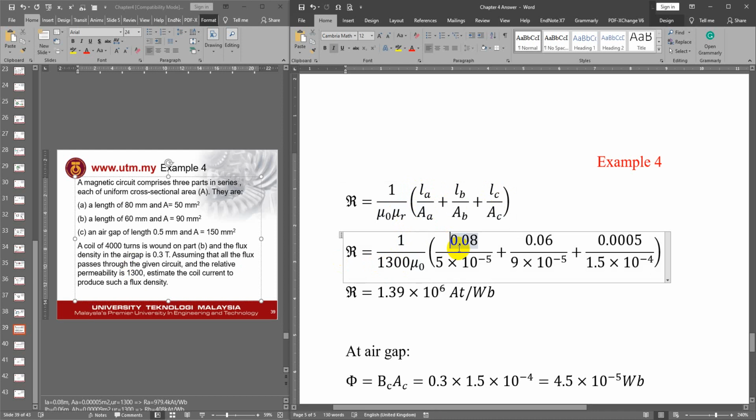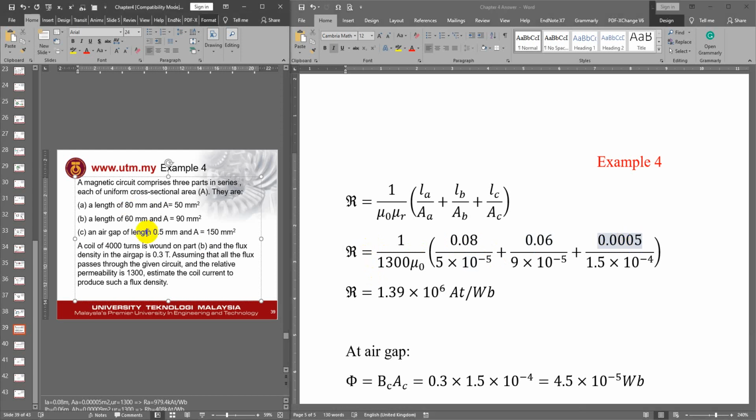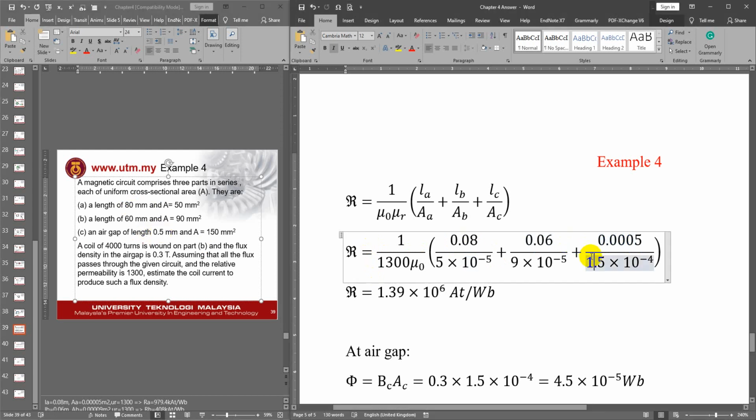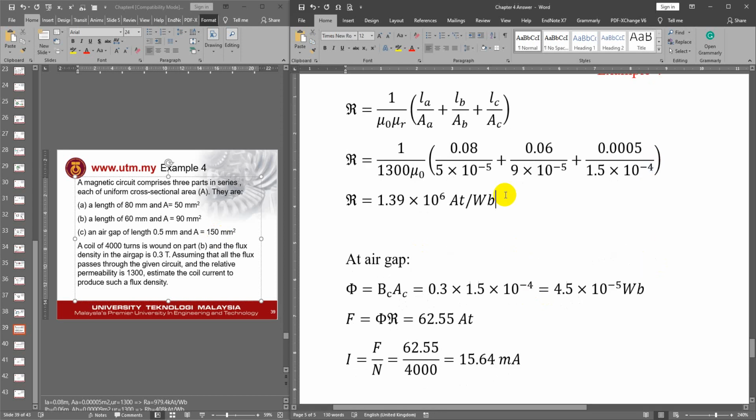Take the values, and don't forget to change them to SI units. 0.08, which is 80 millimeter, 60, and here 0.0005. Make sure your conversion is correct. Then the area also, you have to be careful. You have to divide by 1000 two times. So 1500 divided by 1000 divided by 1000, you get the answer, and you get the reluctance.